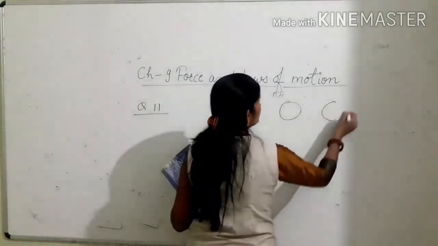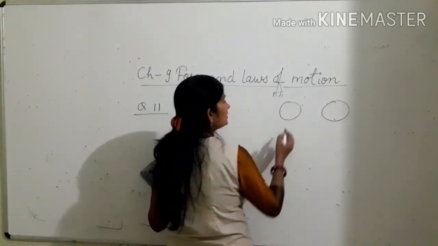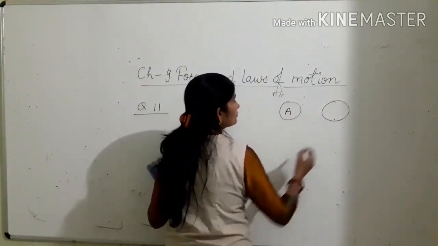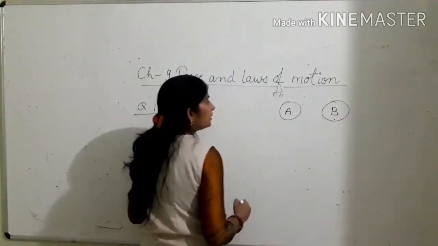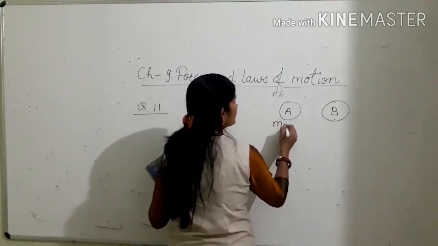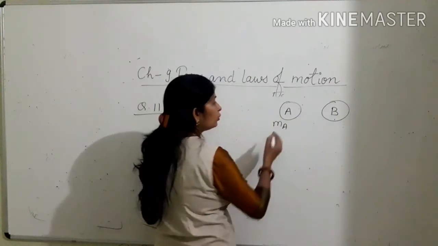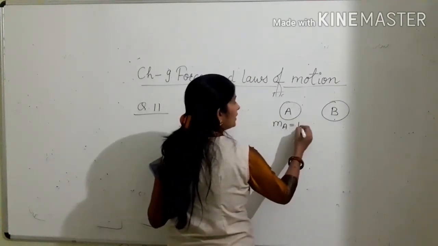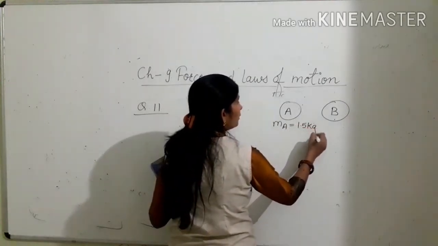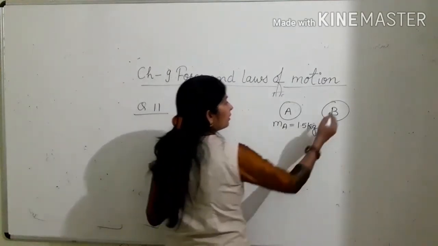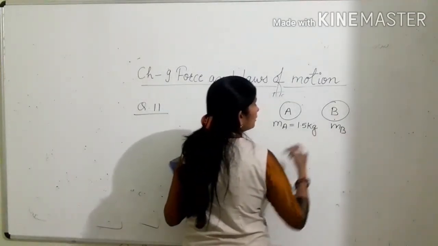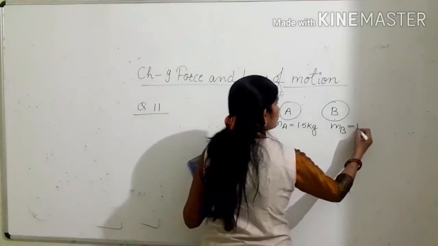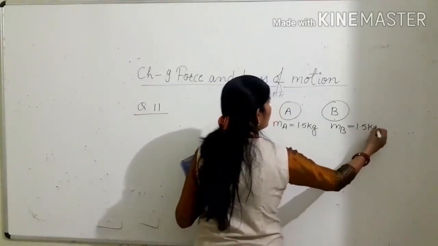There are two objects. Let us consider these two objects as A and B. A is having a mass denoted with MA, that is 1.5 kilogram. B is having a mass denoted with MB, which is also 1.5 kilogram.